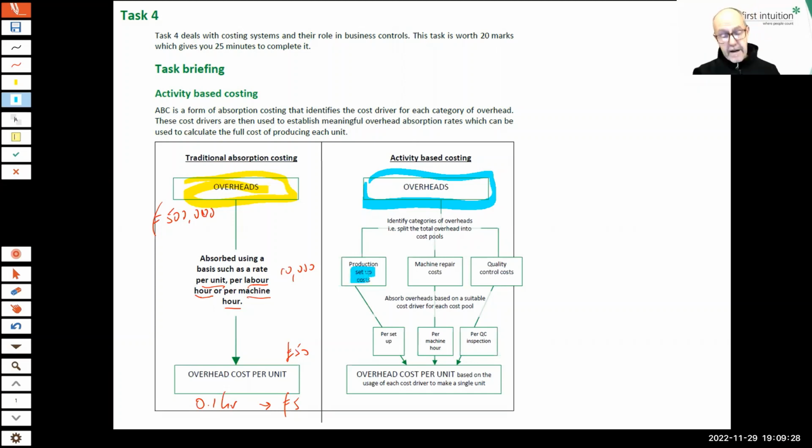Things have got to be dismantled, things have got to be constructed, items have got to be adjusted, calibrated. It all takes time, it all takes money. So if a particular range of products involves a lot of stops and starts, then the overheads relating to the production setups will be charged more to that product on the basis of how many times that activity has to be carried out.